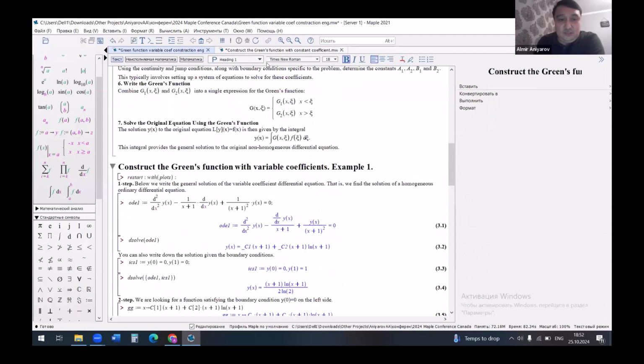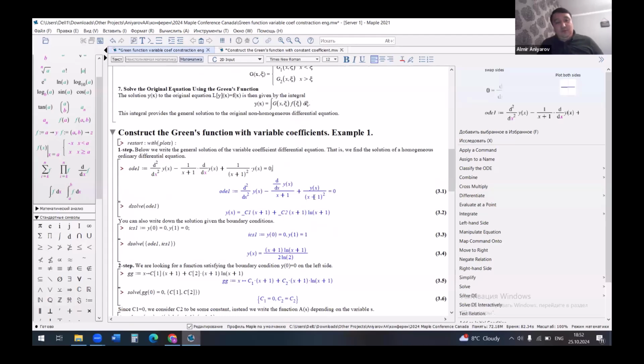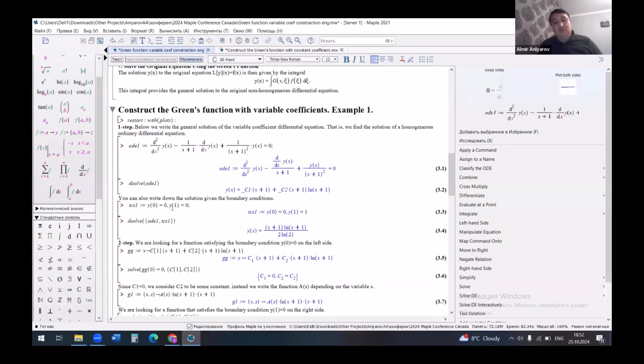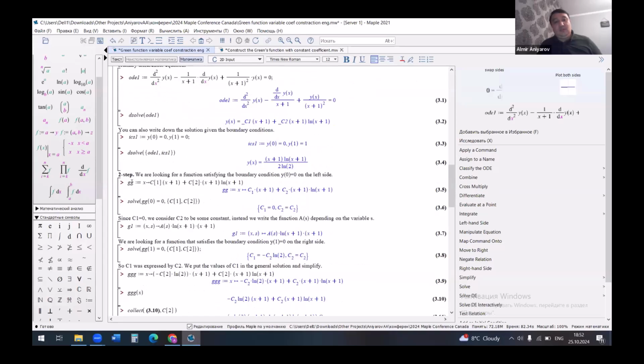Firstly, I construct the Green function. We solve the homogeneous differential equation, check the ODE in this form, and use the boundary condition. In the second step, I construct the solution of the differential equation using the boundary conditions, on the left side and the right side.